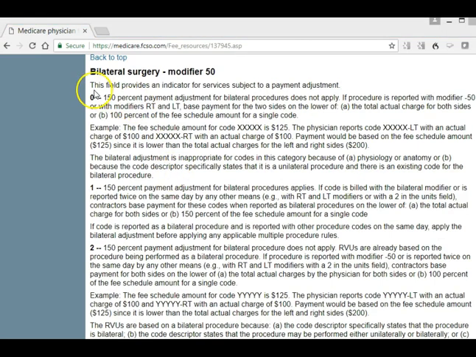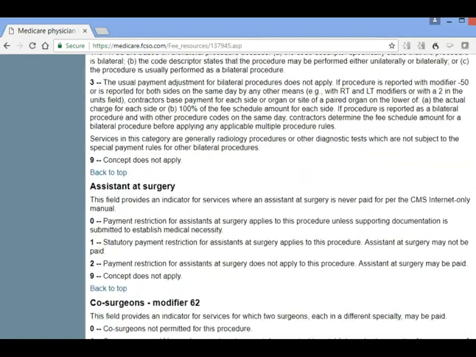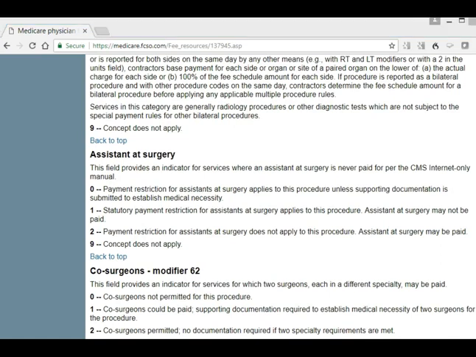Let's see, remember our bilateral surgery, we had it with a 0, so that says if it was done right and left, that the 150% payment adjustment for bilateral procedures does not apply, and it gives examples. Our assistant at surgery, again, was 0.